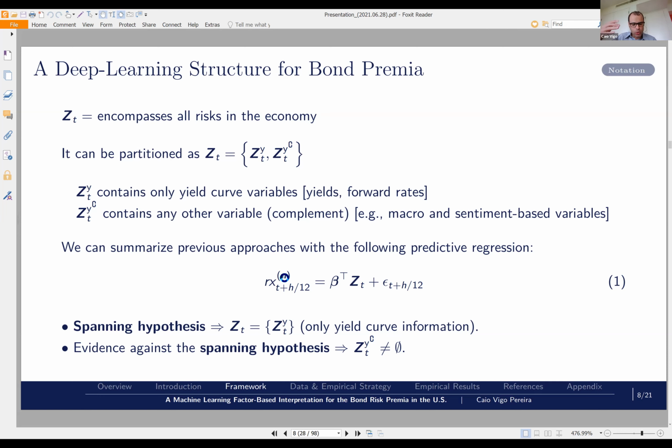N is for the bond, the maturity of the bonds, so N years from today. I will be using monthly holding periods, so it will always be in the future, H over 12, where H is for months. Well, if you're using the Spanning hypothesis, your whole Z, all the risk in the economy, should be just ZY. Anything else, if you're not being consistent with the Spanning hypothesis, your ZY complement should be different than, should not be equal to, empty.